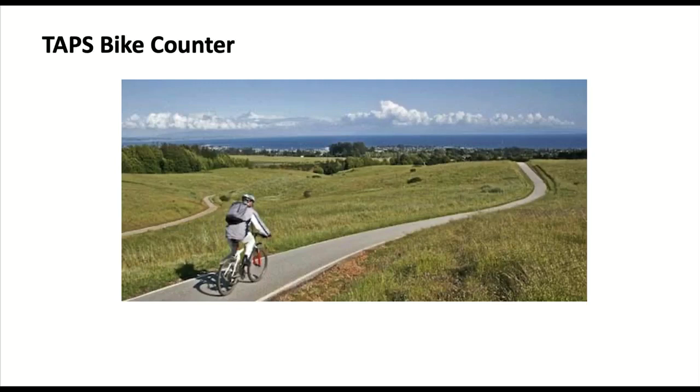We need to count how many bikes use the bike path every day. And this is going to be done by putting a sensor across the bike path. When a bike passes through the sensor, it interrupts the signal, a light ray, usually infrared, commonly. This is an electronic device, and it produces an output, high or low, and we will be connecting that to your circuit, which is in that box.